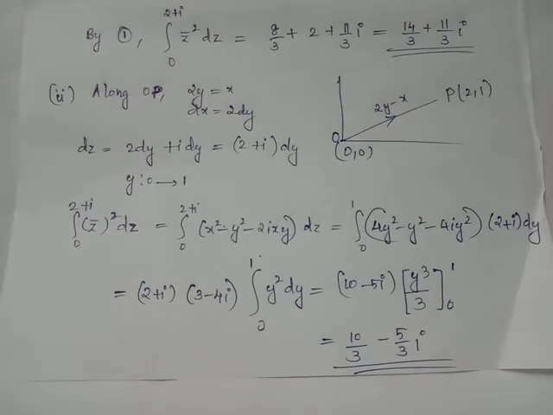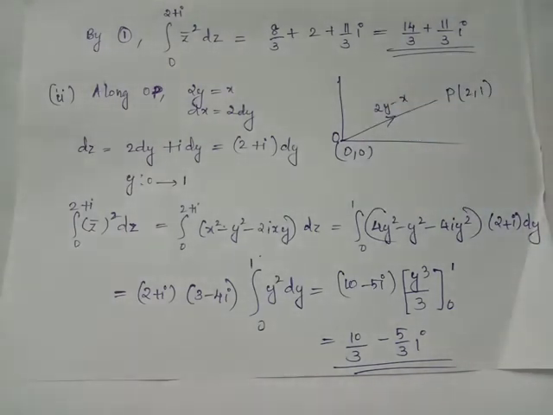Therefore dz equals dx plus i dy can be written as dz equals, in place of dx, 2 dy plus i dy. Here dy can be taken outside, therefore dz becomes (2 plus i) dy. Now we have y changing from 0 to 1, which is visible from the graph itself. The y coordinate changes from 0 to y equals 1.